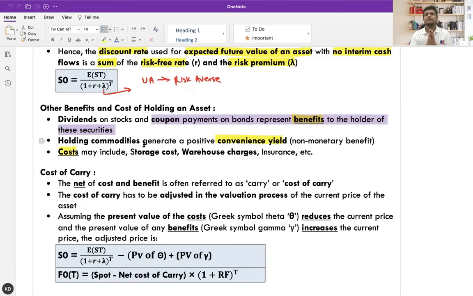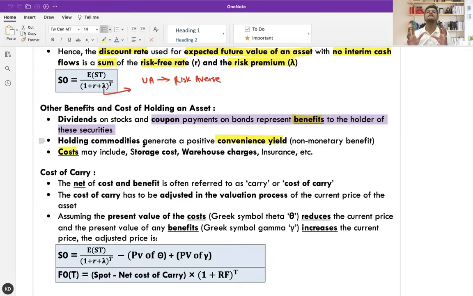Now, tell me, if the prices of crude are increasing, and if you already have a physical quantity in hand, not in futures, but as an underlying asset, there is some non-monetary benefit in that you may not have to buy this crude at higher prices from the market.